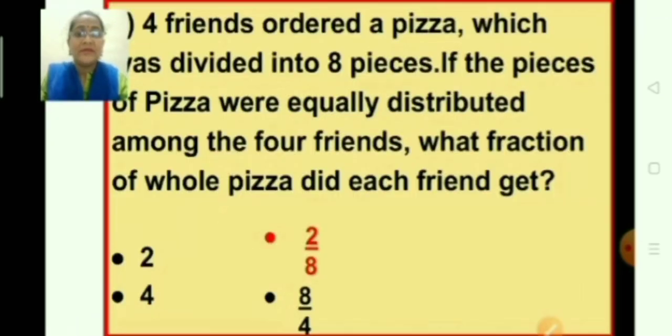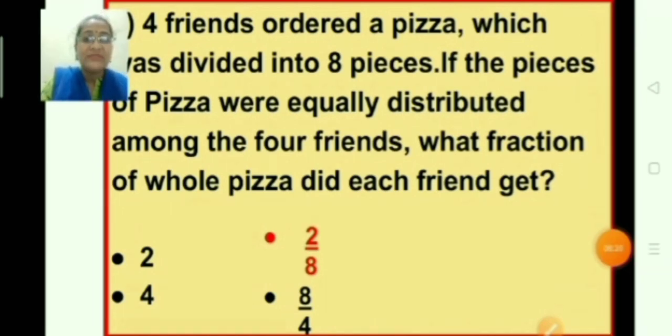Now next is, 4 friends ordered a pizza which was divided into 8 pieces. If the pieces of pizza were equally distributed among the 4 friends, which fraction of the whole pizza did each friend get?